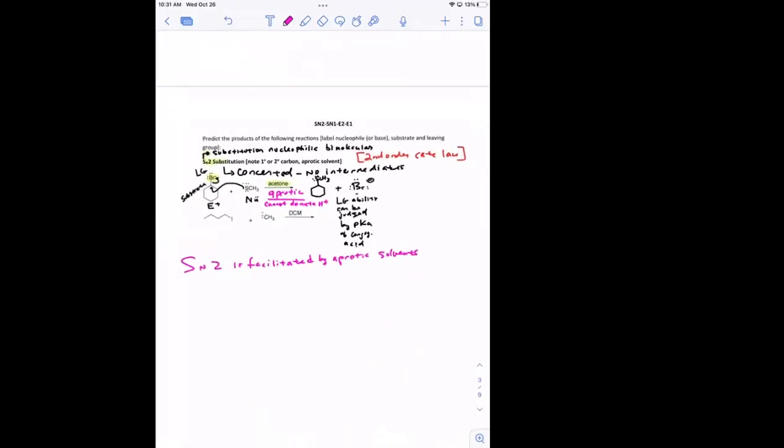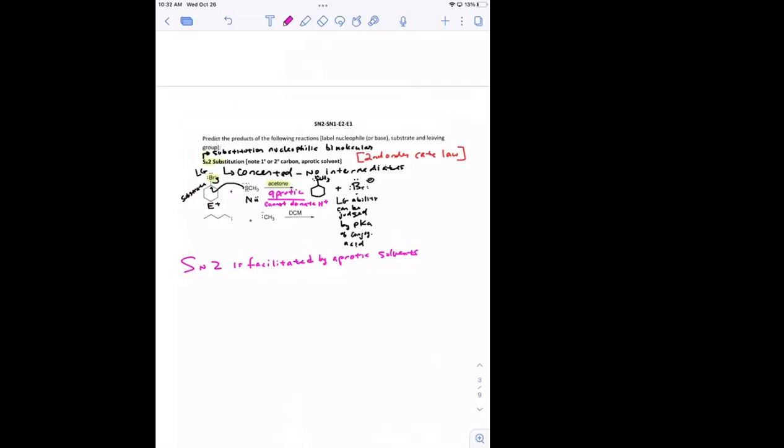I'll talk about that too when we talk about the rate law and the transition state. Any questions about anything so far? So we've seen the mechanism, the arrows, the outcome. We know the solvent has to be aprotic, and we know that it prefers to happen on a primary carbon.